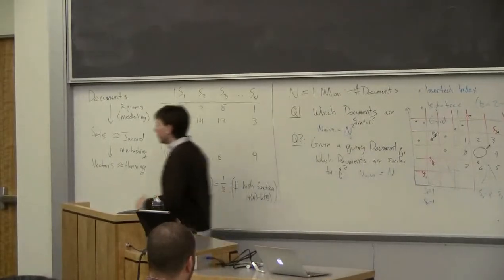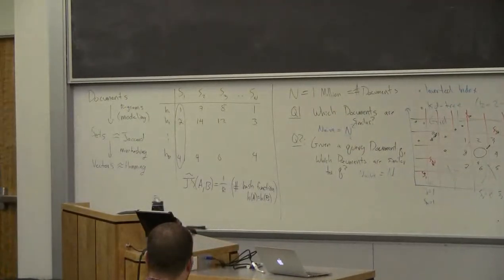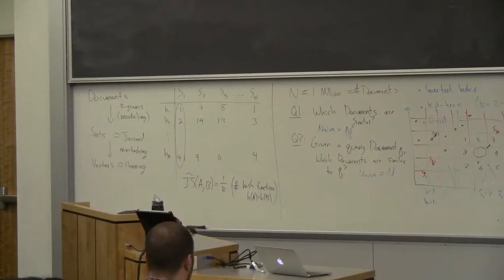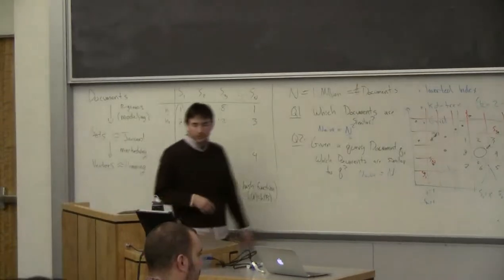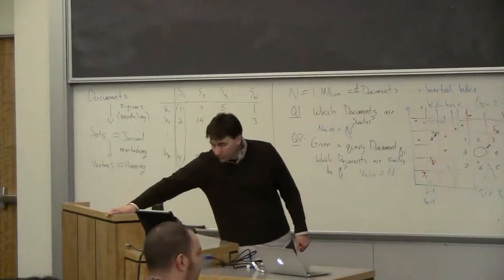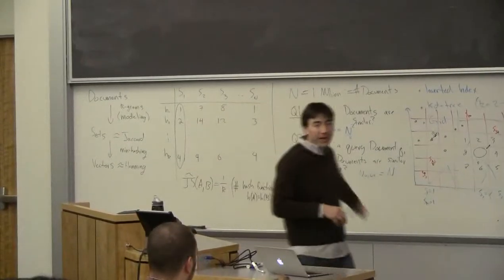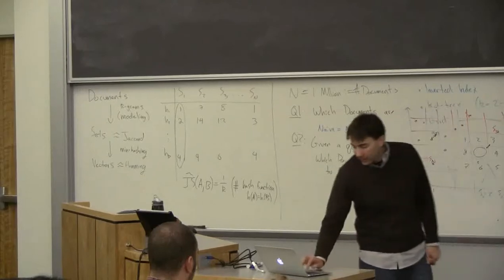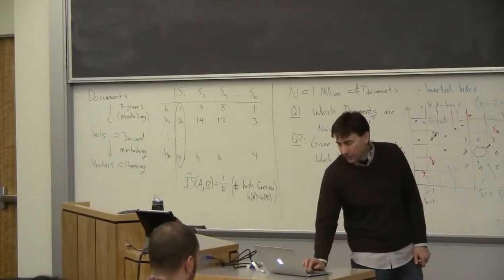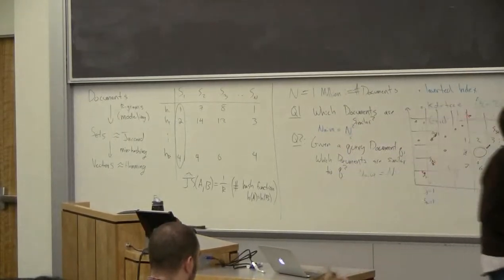Let me show how to do locality-sensitive hashing for Euclidean distance. So I need to come up with a new hash function now. This hash function was specifically for sets. Now I have these potentially high-dimensional vectors, right?